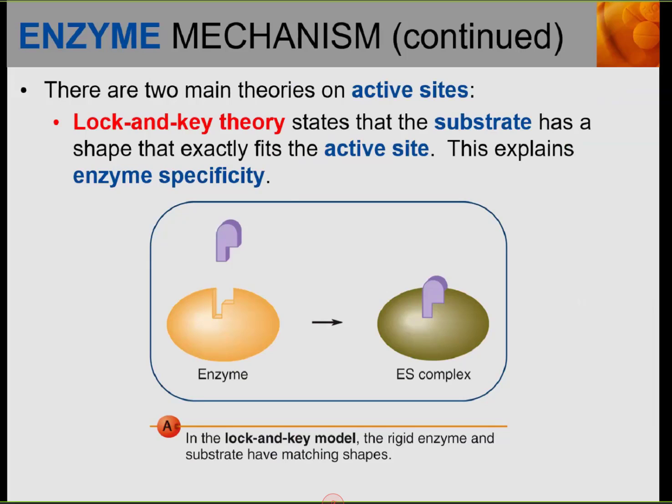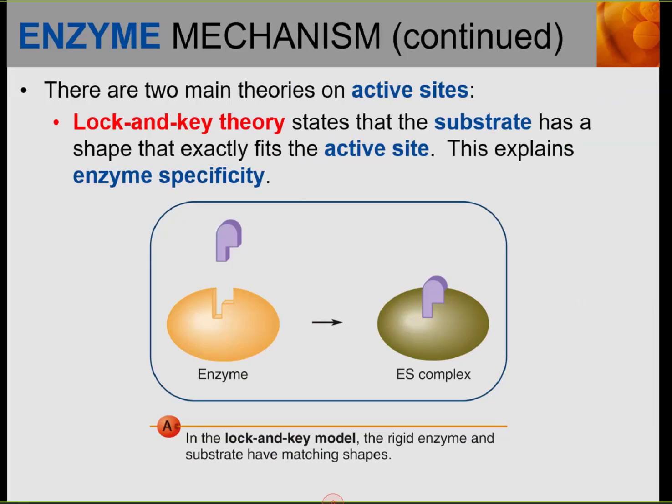That's why in the picture the enzyme is large and the substrate is much smaller. In some reactions, the substrate perfectly fits into an opening that the enzyme has and makes this enzyme substrate complex. That's called the lock and key model.